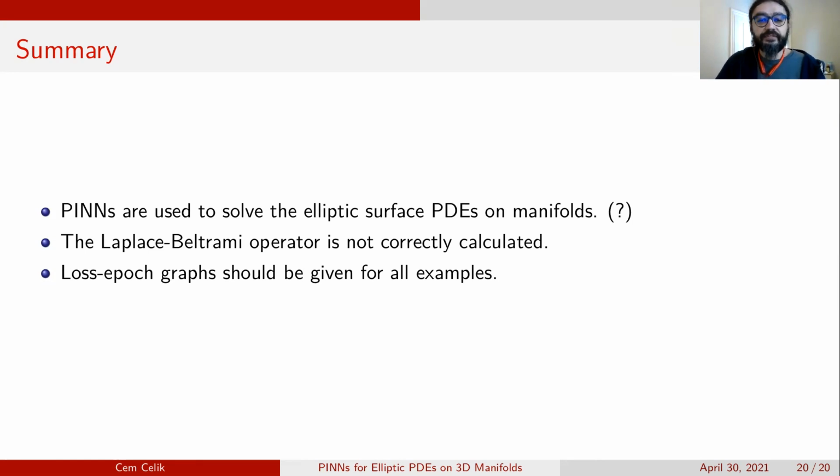And the Laplace-Beltrami operator is not correctly calculated. Maybe they should give some common examples which were considered before in the literature, and they should compare their results with them, which they don't give us. That's all they have.